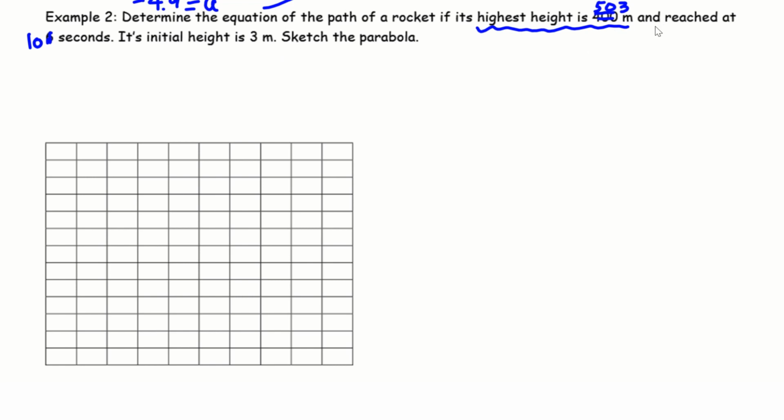So this one we could write as p, q. The p value, the time, is 10 seconds, and the q value is 503. The initial height is 3 meters at t equals 0. So you have 2 points, and we are going to sketch it, then find the equation.